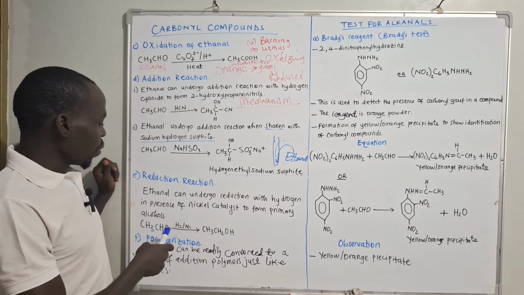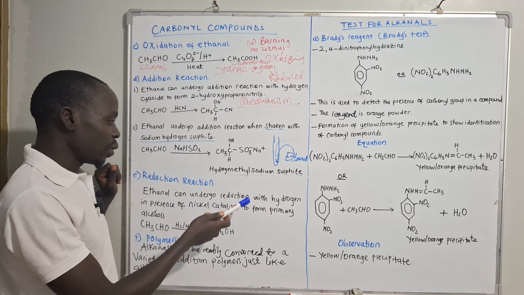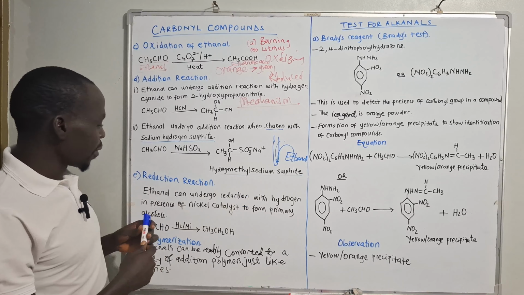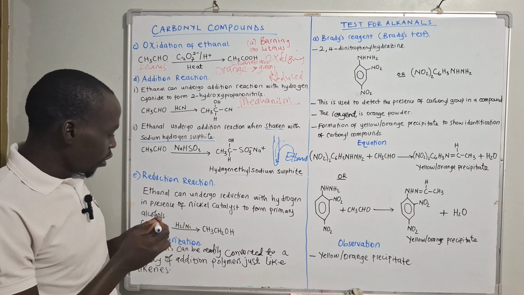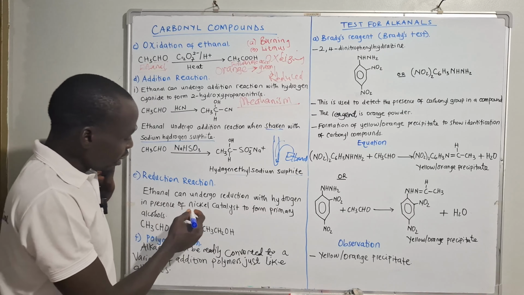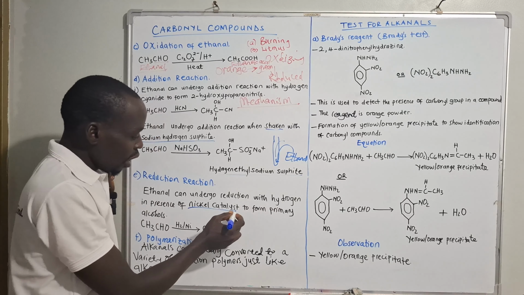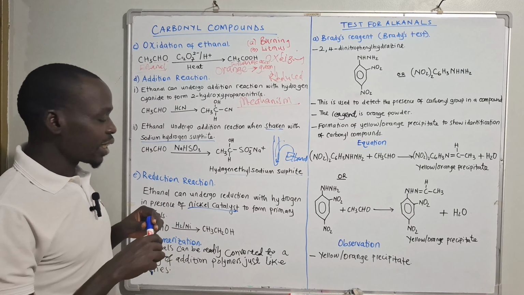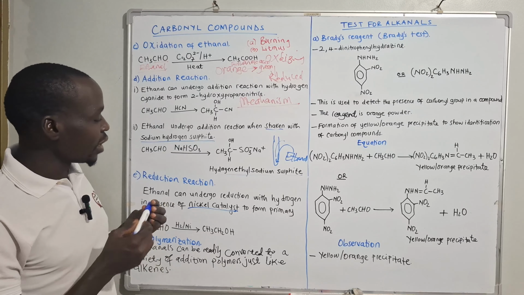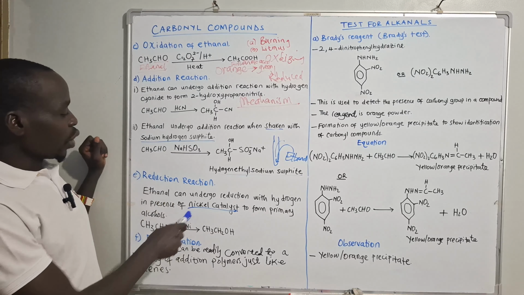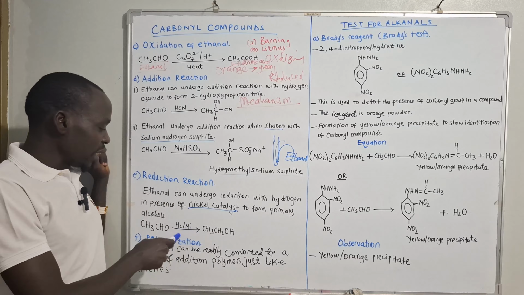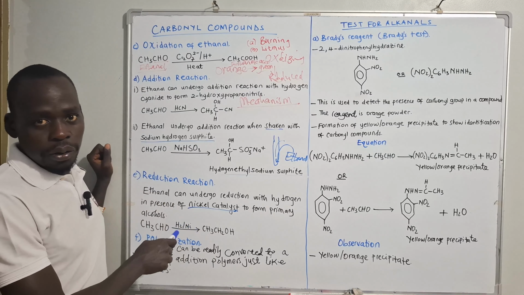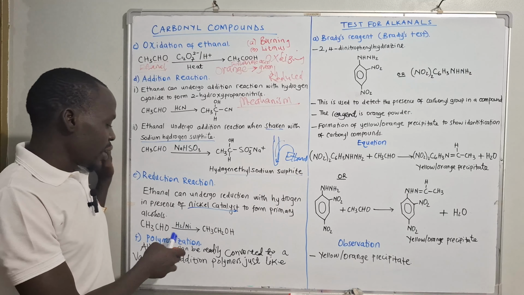So here in the reduction, we can say ethanal can undergo reduction with hydrogen in the presence of a nickel catalyst. Nickel and these other transition elements have the characteristic that they act as catalysts. So they have catalytic property, and nickel is one of them. That's why you see it here, used as a catalyst in the presence of hydrogen.